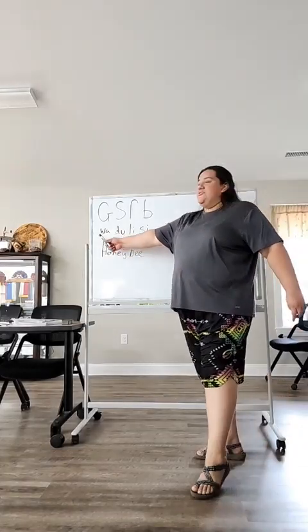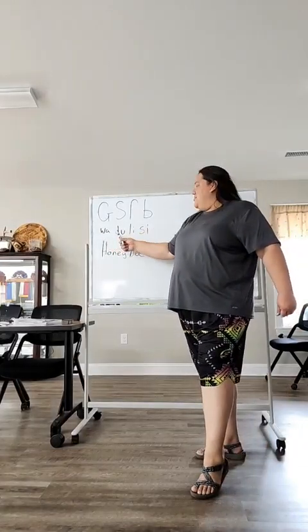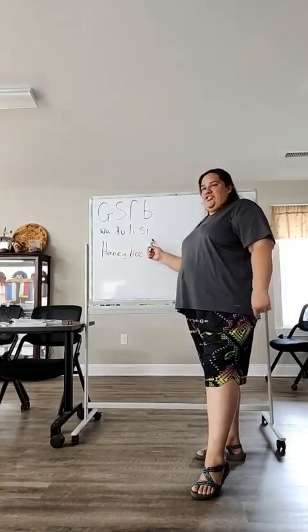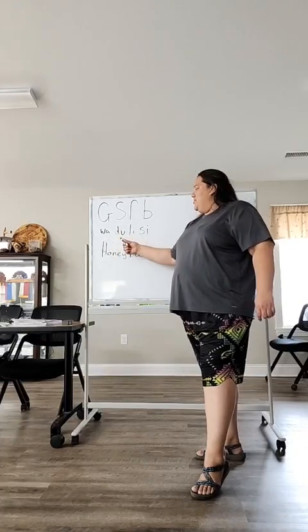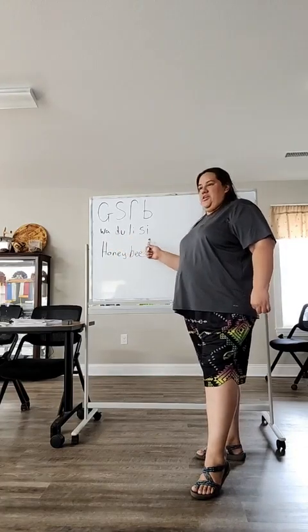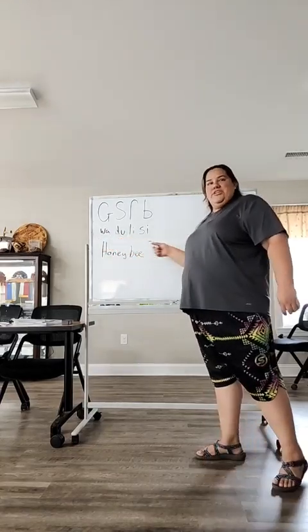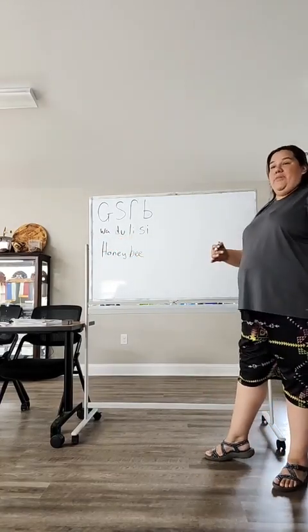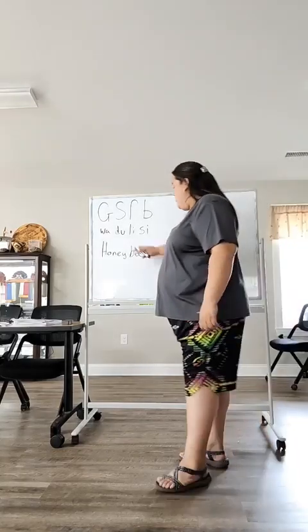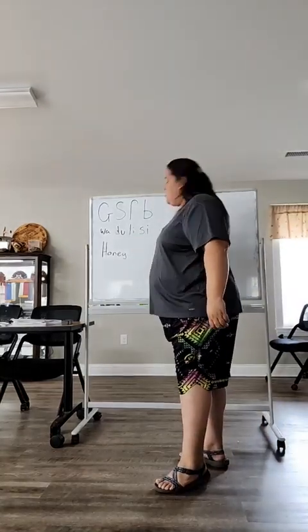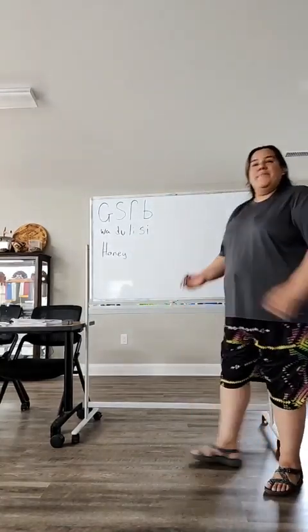So, let's try that, right? Wa, do, li, she. Wa, do, li, she. That's our word for honeybee. That is also our word for honey.